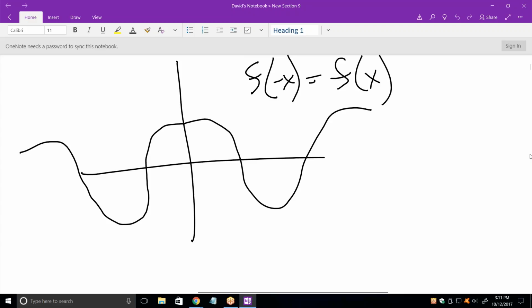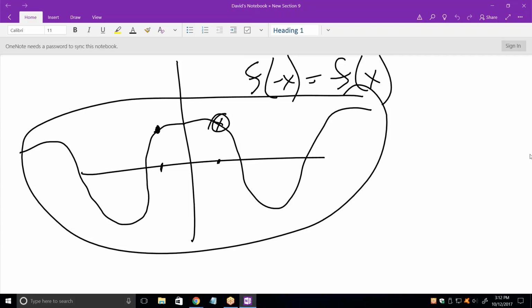In other words, if I pick a point on the x-axis, that's what f of x is. If I pick the same point at negative x, it's the same value. The f of x value does not change whether I'm looking at minus x or positive x. And this picture is symmetry about the y-axis.